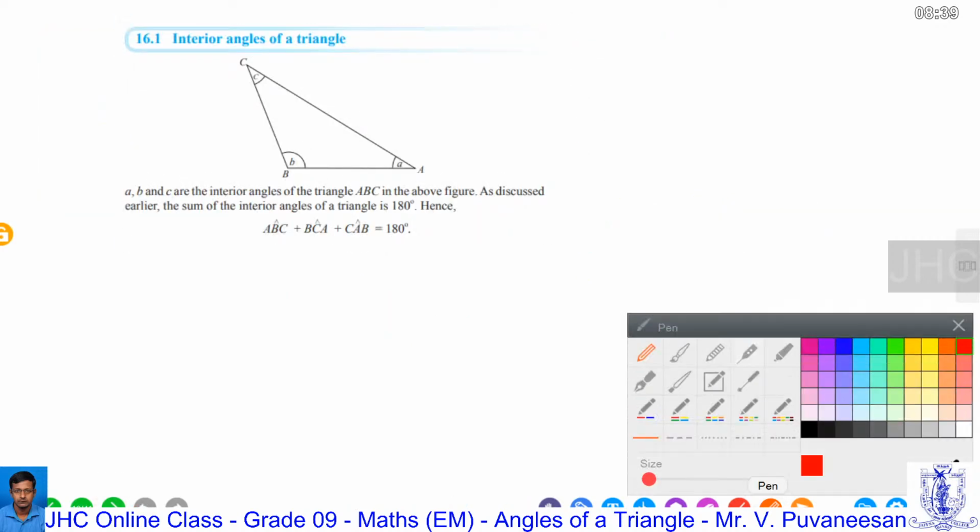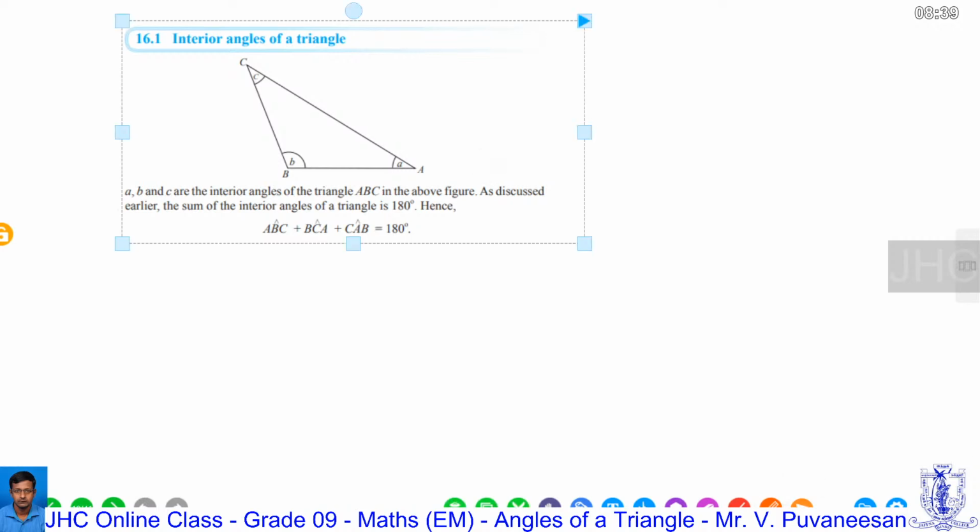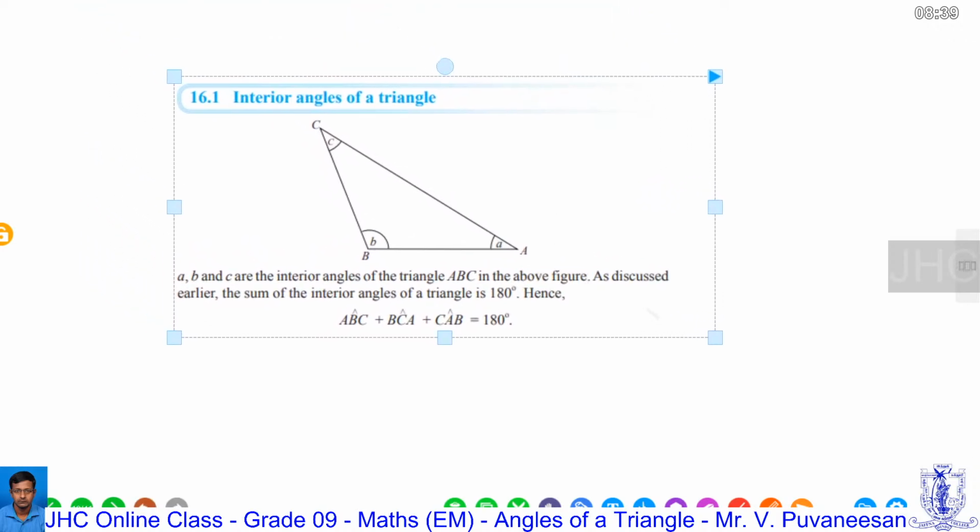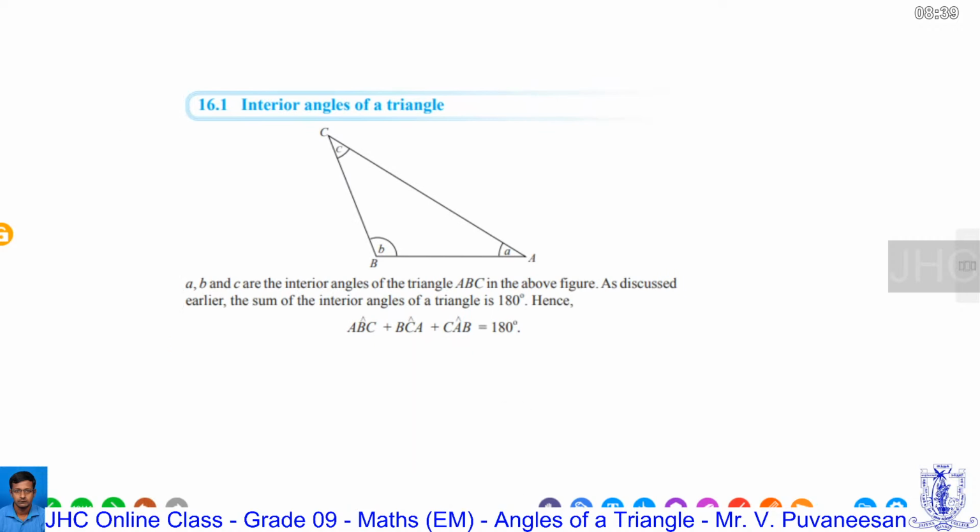Now we see the lesson: interior angles of a triangle. We know the interior angles. In the picture, A, B and C are the interior angles of the triangle ABC. As discussed earlier, the sum of the interior angles of the triangle is 180 degrees.